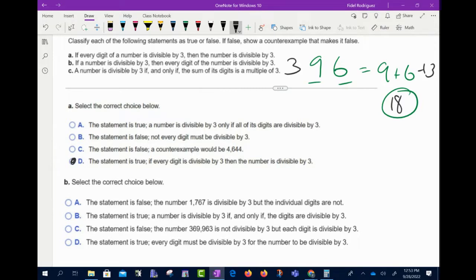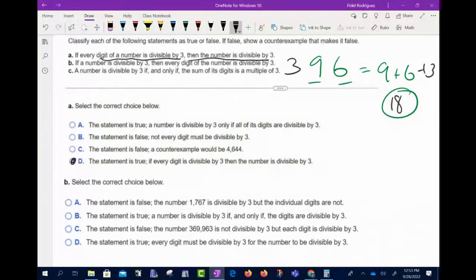Okay, so I'm picking D because that's what the statement says. It didn't say if only all of its digits are divisible by 3. It said if every digit is divisible by 3, then the whole thing can be divided by 3. Okay.